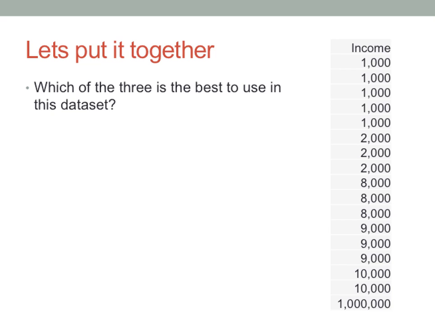You could make the argument that 8,000 is the better description of the data set because it seems to be more representative of everyone in the data set, since there is this big outlier. However, if you wanted to say that income influences things like taxes, and you need to take into account everybody's scores, then you might want to include the million in there.